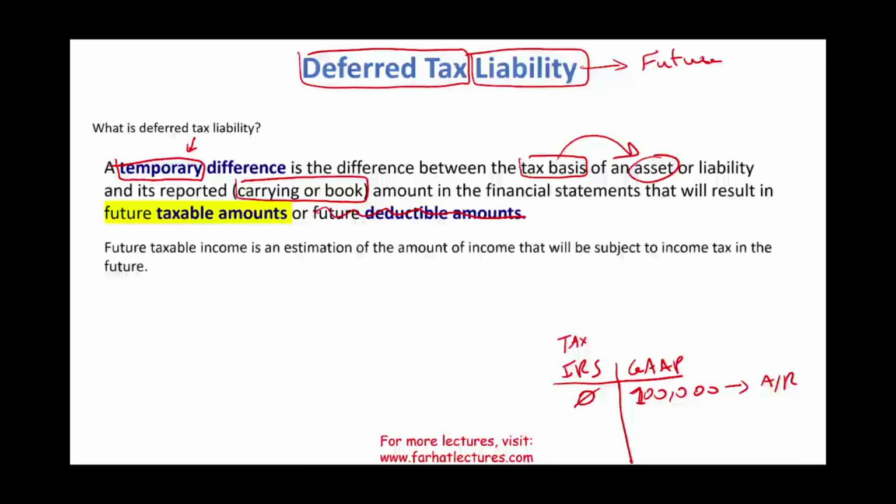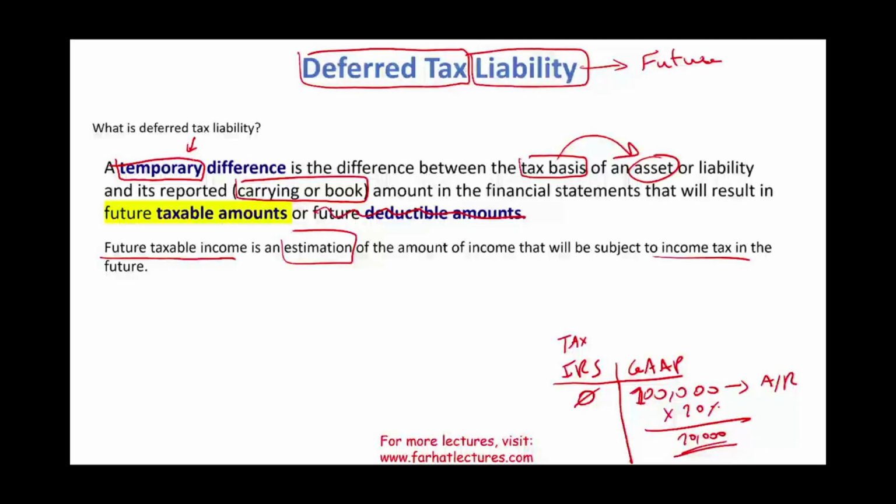Now, another way to put this, it's a future taxable income that is an estimation of the amount of income that will be subject to income taxes. So in the future, let's assume our tax rate is 20%. So in the future, this $100,000 will be subject to a 20% tax rate. As a result, we are responsible for $20,000.